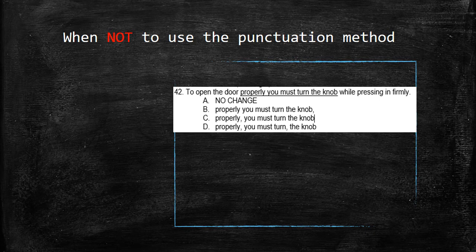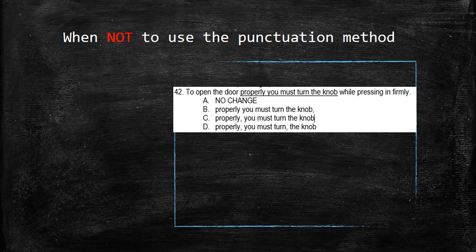Because then if it's comma group 2, and then comma fanboy from group 1, then you can do your punctuation method. But here, where's the punctuation changing? It's all over the place. But if you look between the words properly and you, for instance, maybe you see and think that it's changing there.